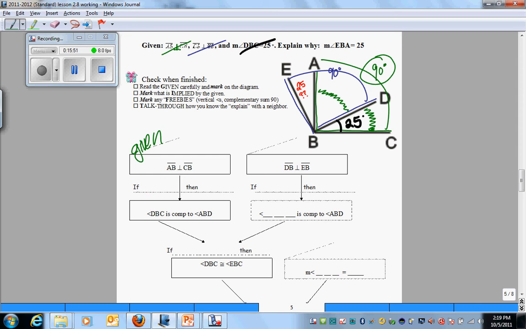So, why do I know that? If perpendicular, then 90 degrees. 90 degrees gave us that word, complementary. So this is the why.